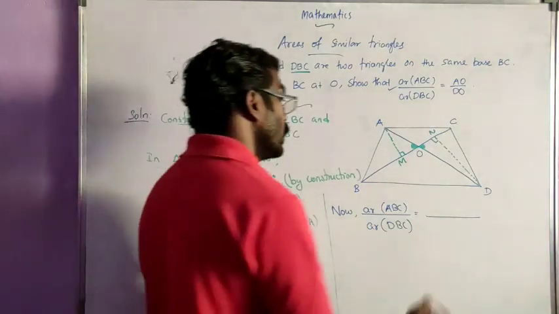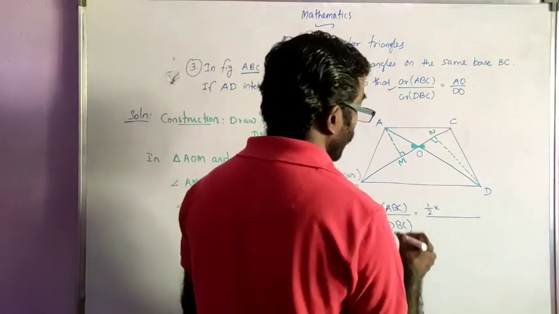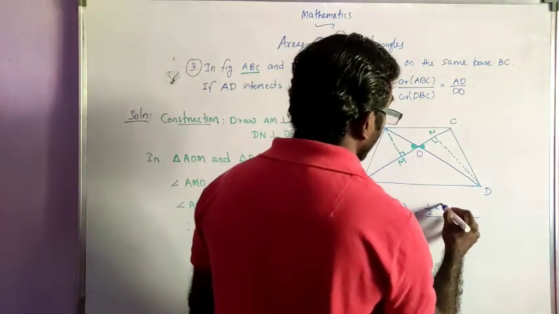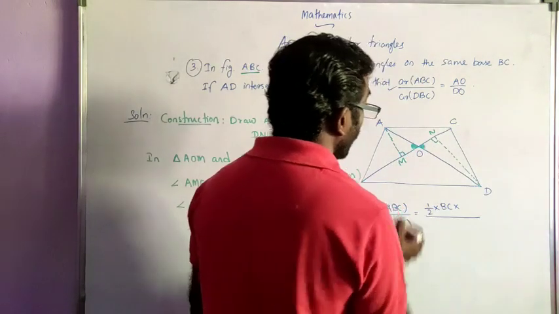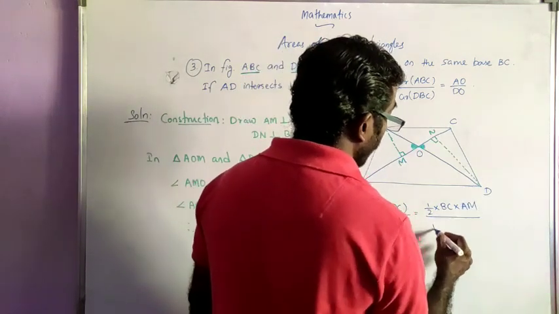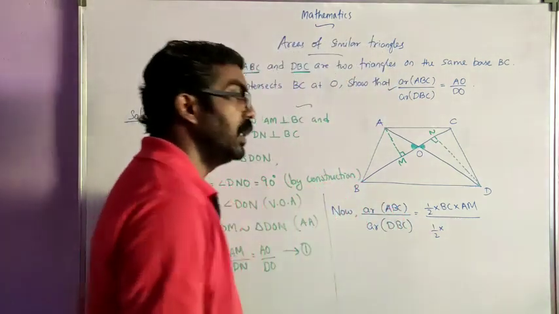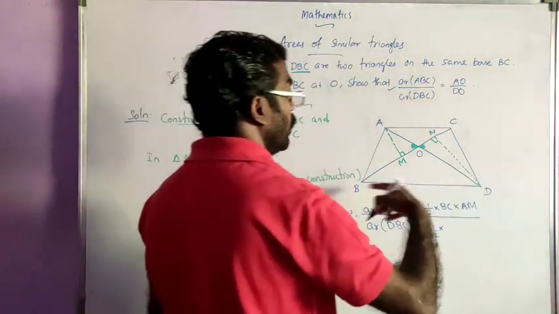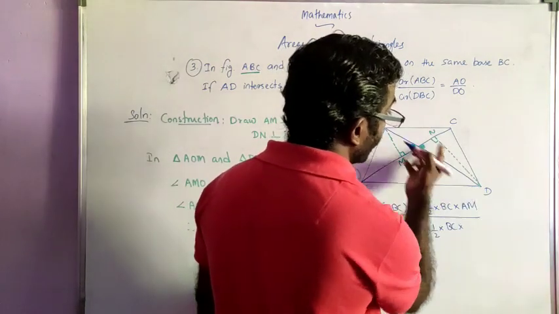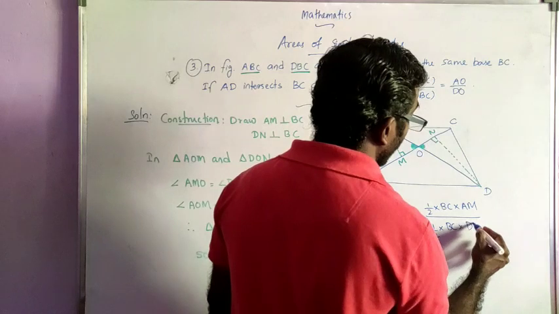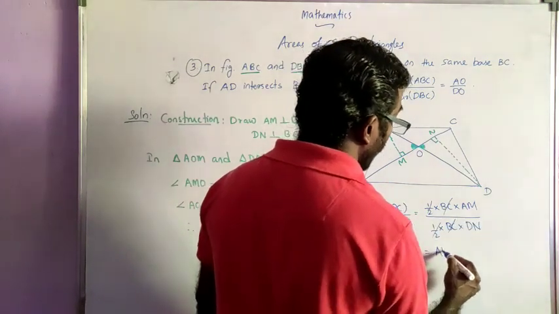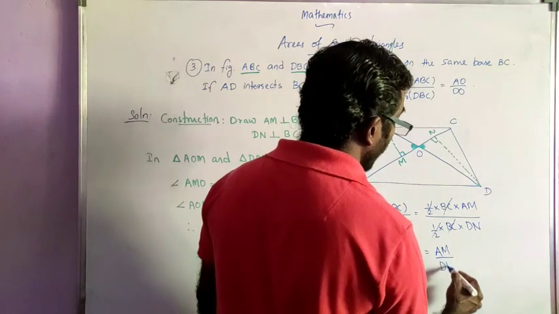So here we can write half into base BC into the height AM, divided by half into BC, same base BC, into the corresponding altitude, the height DN. Half and half we can cancel, BC cancel. So AM divided by DN.